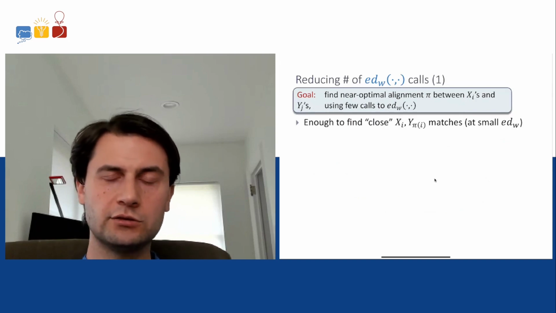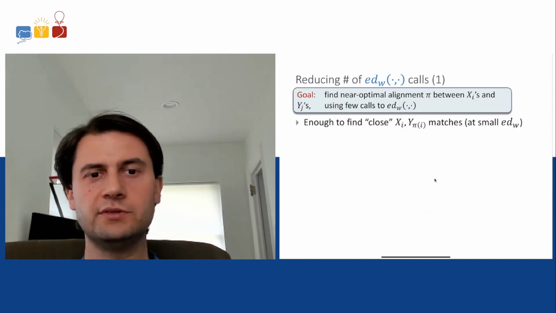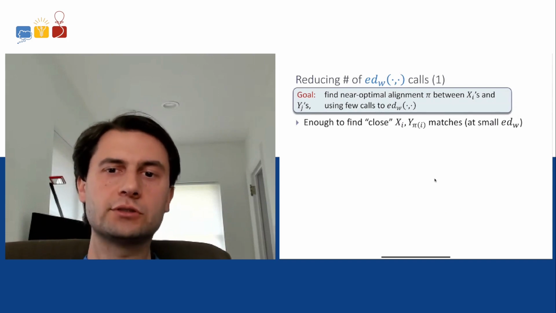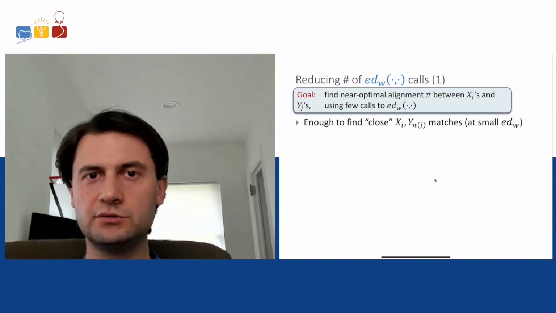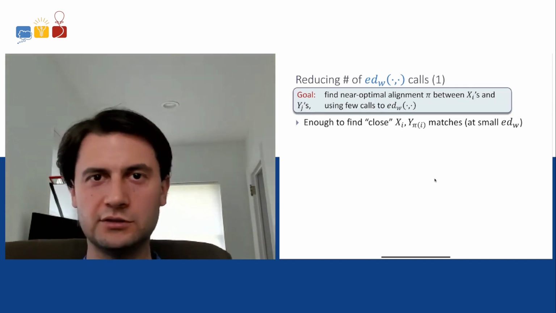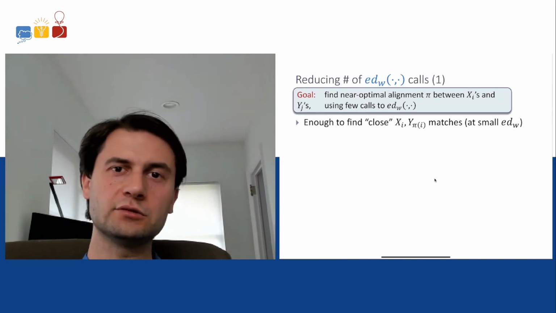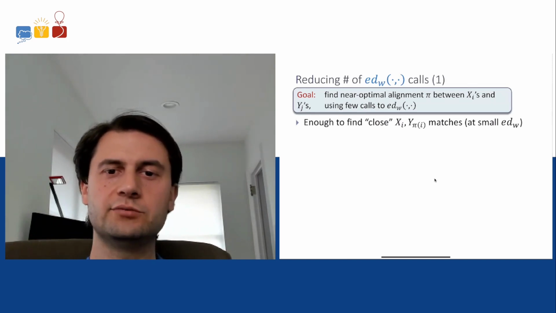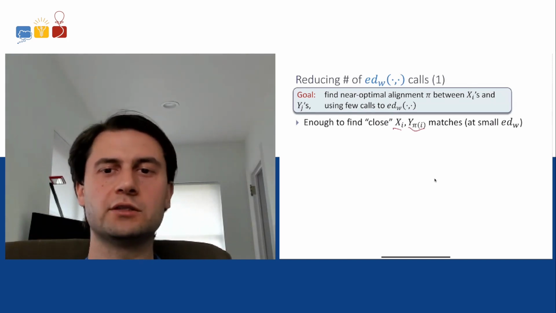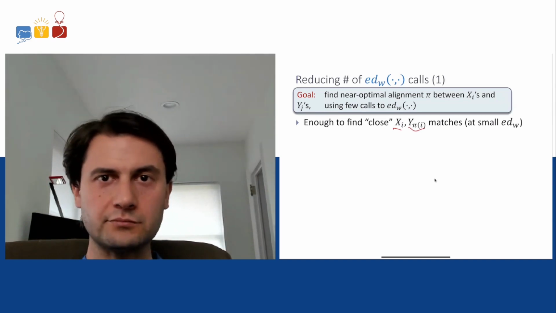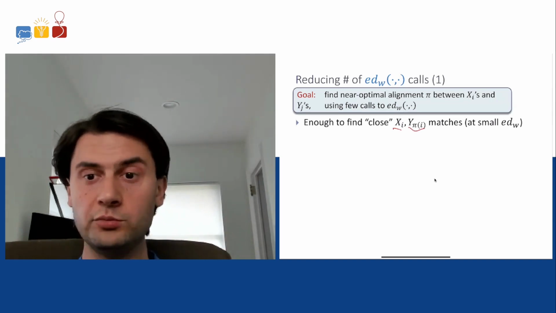Okay, so first, let us focus on the problem that it is enough to find close matches. I'm slightly oversimplifying what we need to do here, but I'm not really hiding anything major. It will be okay to find, for each xi, its match y of pi of i, basically its match under the optimal alignment.